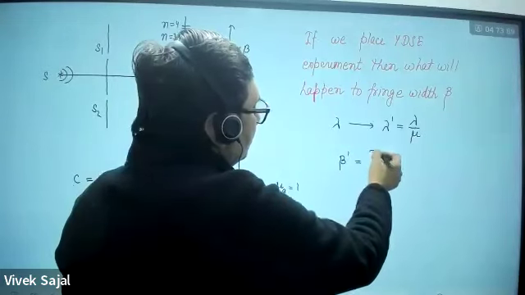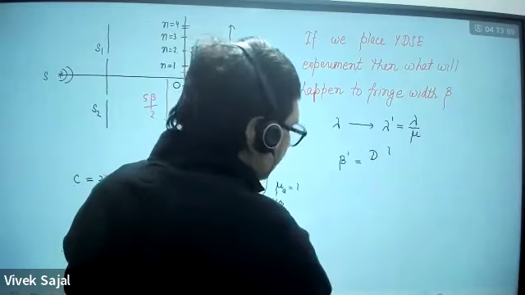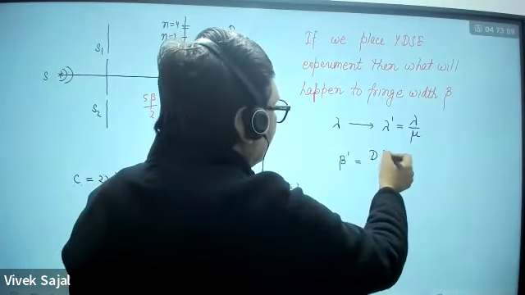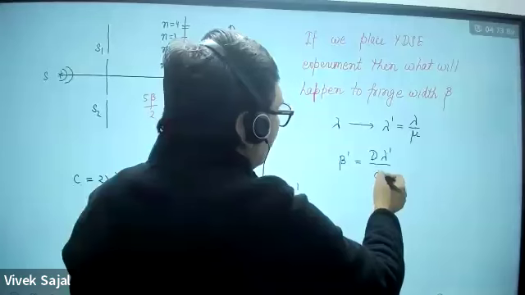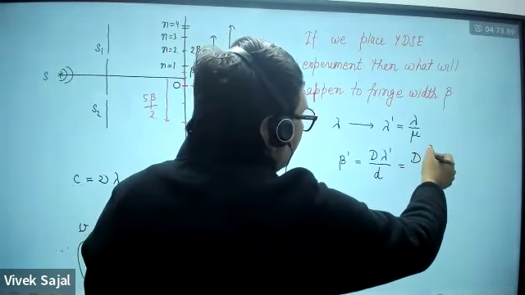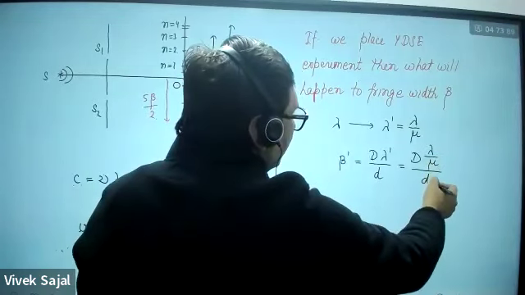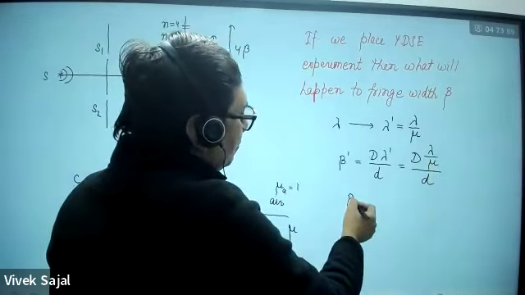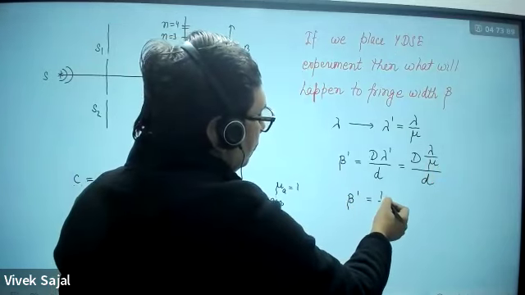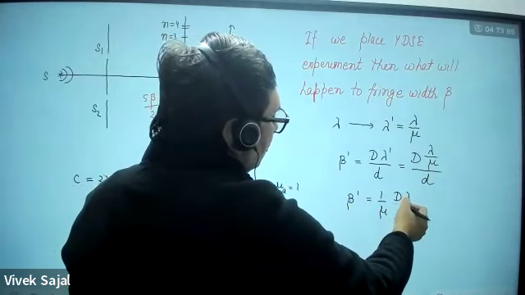Capital D is not going to change. This lambda, I write here first as lambda prime, and this will be small d. So this will be d lambda upon mu divided by small d. So beta prime will be 1 upon mu, and D lambda upon small d.